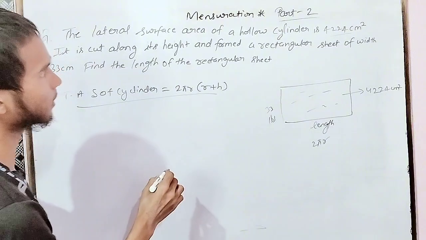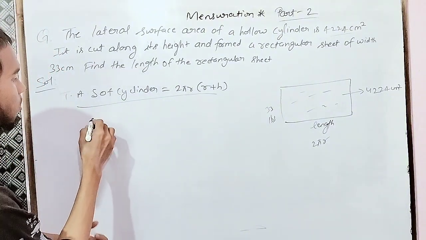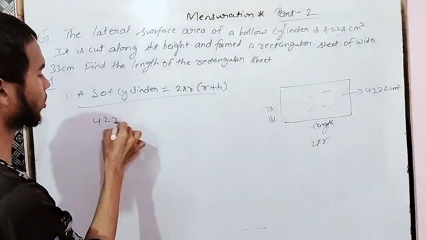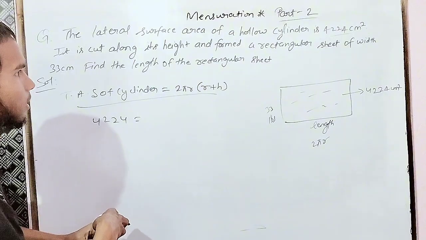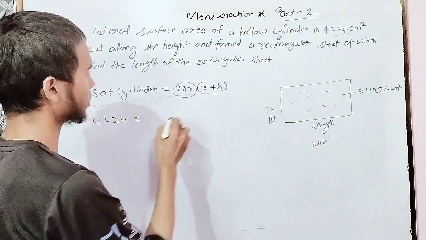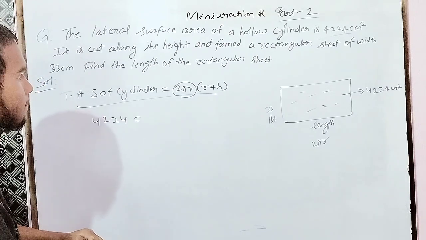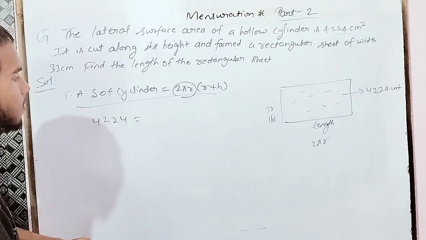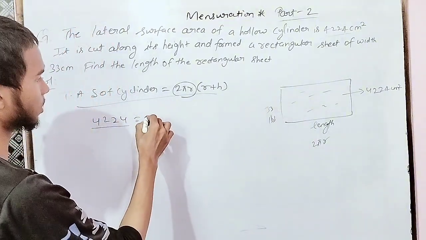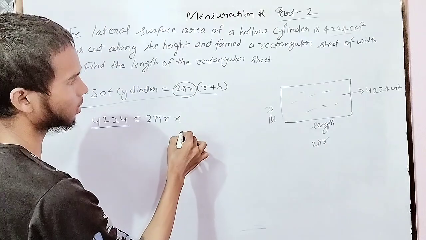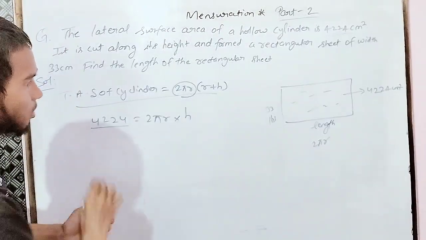But it is saying that the lateral surface is 4,224, and the lateral surface is 2 pi r h. This is the area of the curved part, which is 2 pi r multiplied by h.